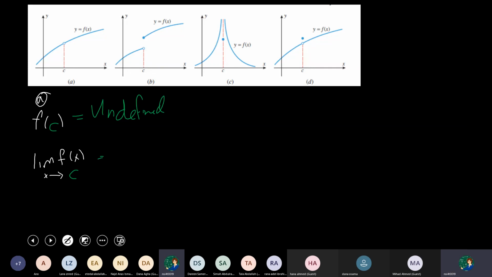Now, the limit of f of x when x approaches C from the right. Let's put here number 1.